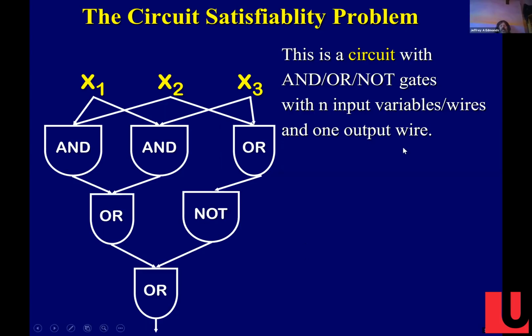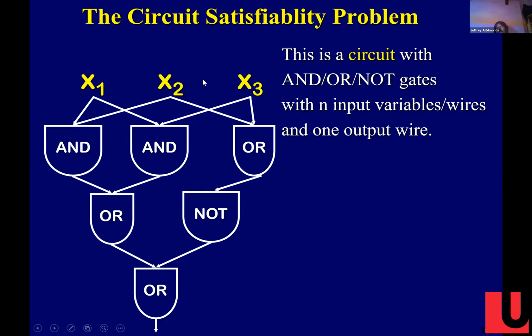So here's the circuit satisfiability problem, all right? You're given a circuit, which is ANDs, ORs, and NOTs. He particularly didn't look at general circuits. He looked at clauses, ANDs of clauses, where each clause was the OR of 3 literals. So he looked at specific types of circuits, but we'll be more general here.